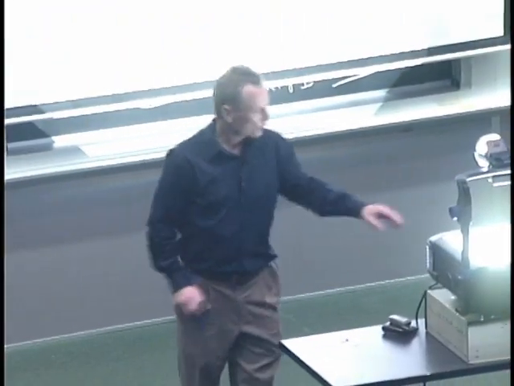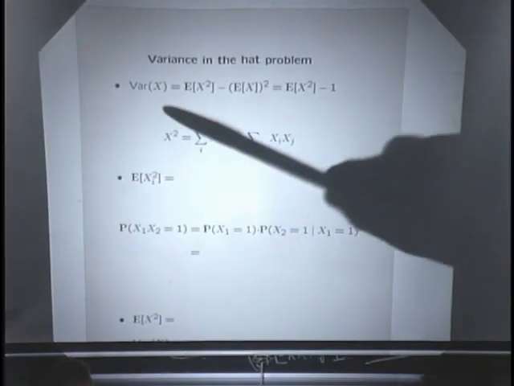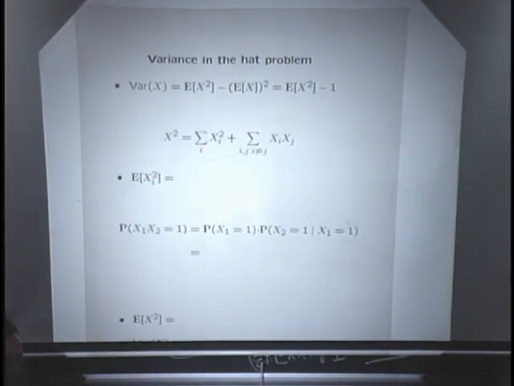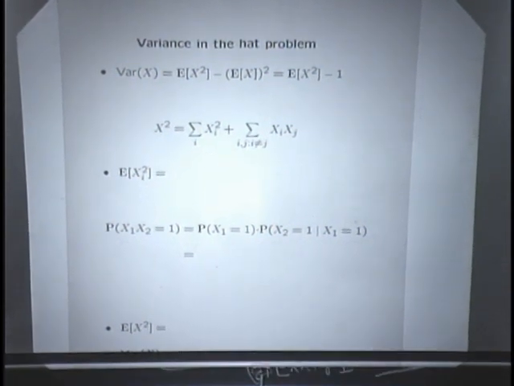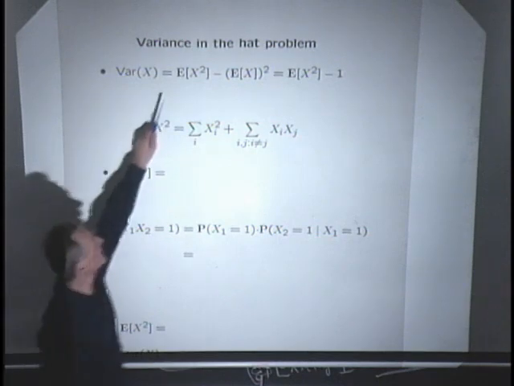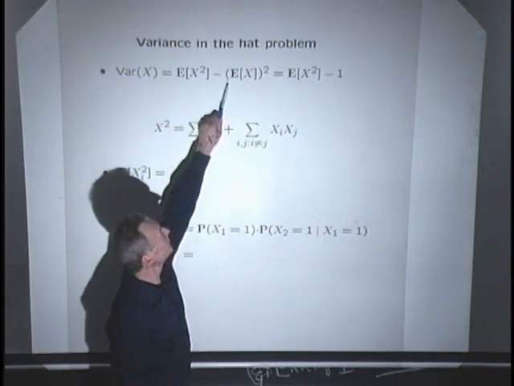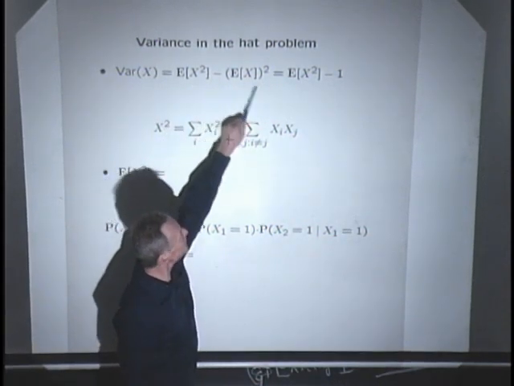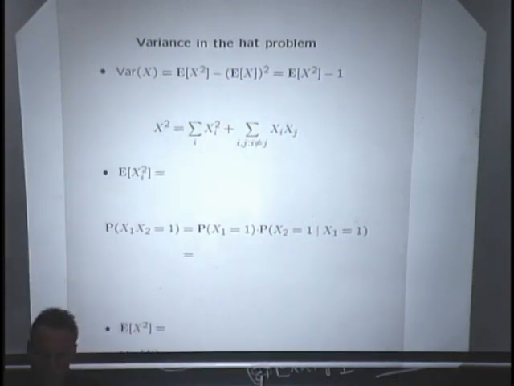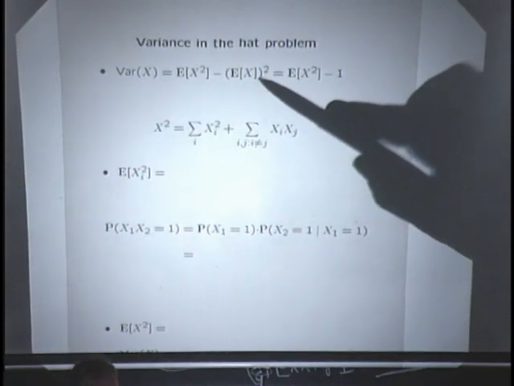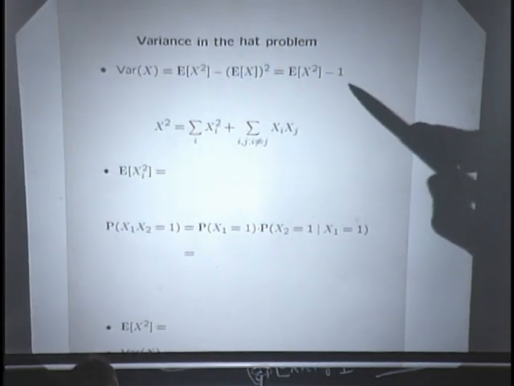We'll have to do more work. Let's start with the general formula for the variance, which, as I mentioned before, is usually the simpler way to go about calculating variances. We need to calculate the expected value of x squared and subtract from it the expectation squared. Well, we already found the expected value of x. It's equal to 1, so 1 squared gives us just 1.